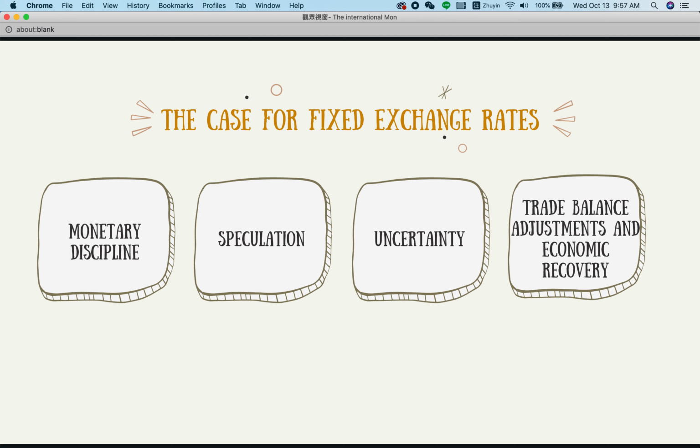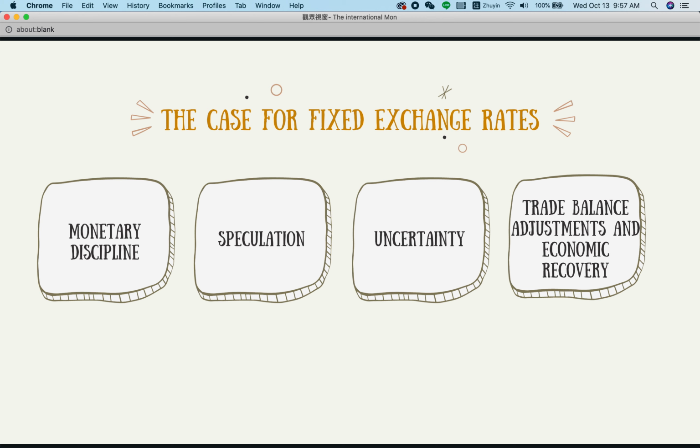Thus, in favor of floating exchange rates, they argue that fluctuating rates help adjust trade imbalances and can assist with economic recovery after a crisis.